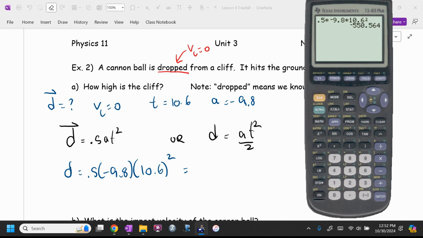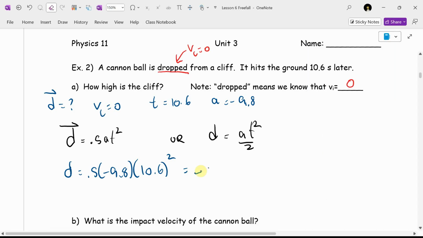That's why when you said distance, I said we're going to get a displacement, Mason. That's the negative telling us we did this right. If I go to 3 sig figs, I'm going to write negative 551 meters. Now that's the displacement. Technically, height is a scalar, but I haven't taught you that.